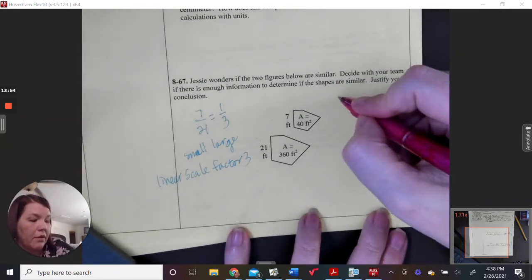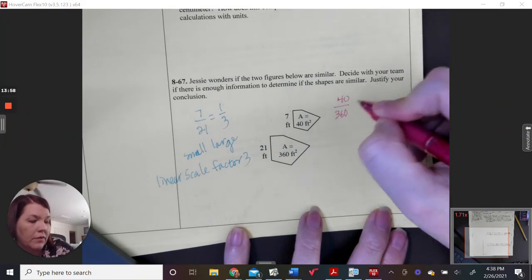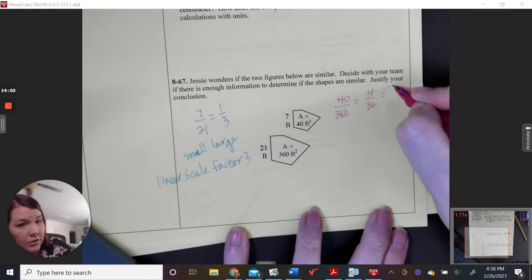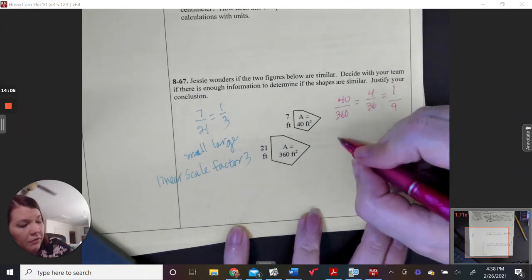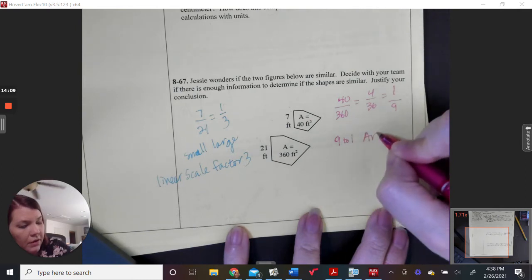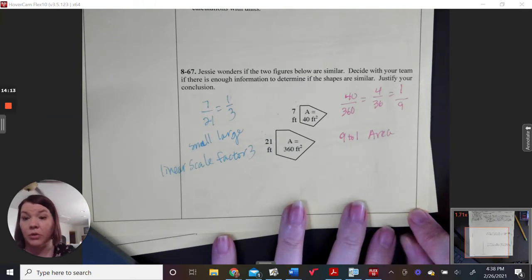Are they similar or not? They are. I agree, because there's enough information. We see that the side scale factor is 1 to 3 or 3. We see that the area scale factor is that scale factor squared. So yeah, they're similar. That's enough information. It's kind of cool that that's enough information.